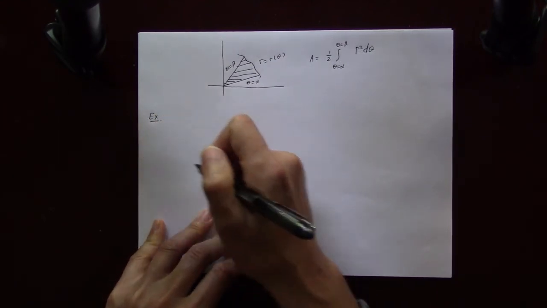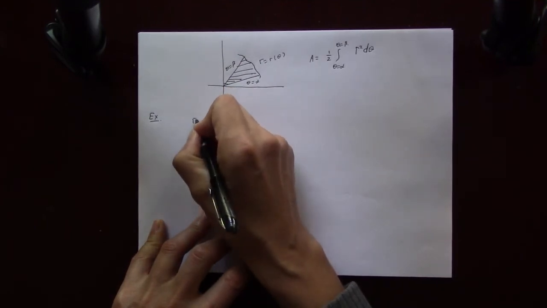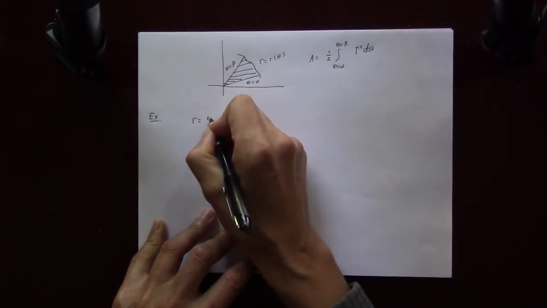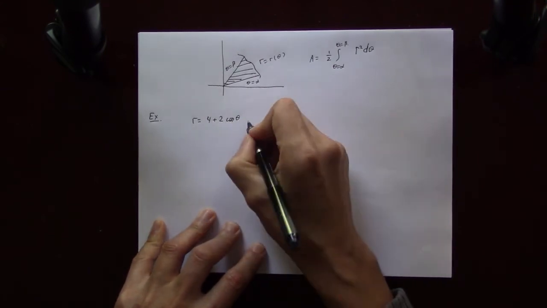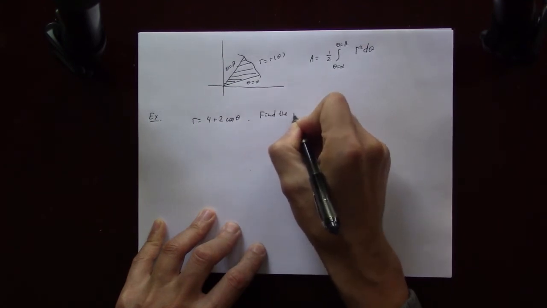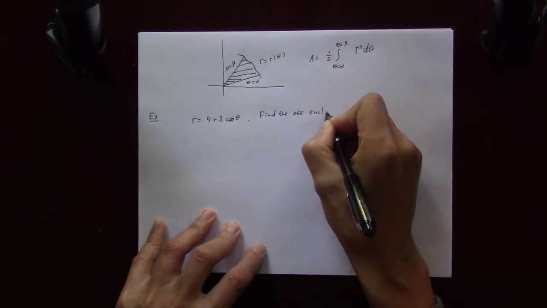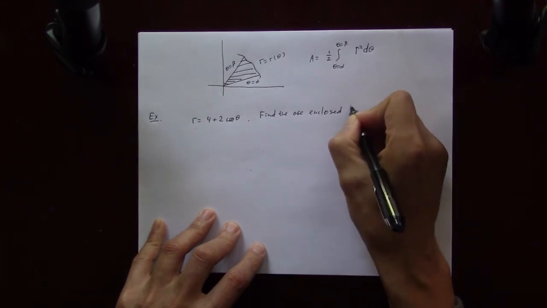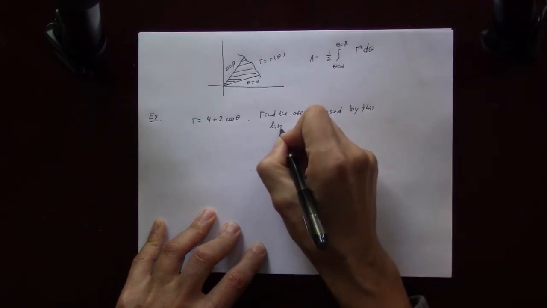In this example, let's look at the limaçon r equals 4 plus 2 cosine theta. Find the area enclosed by this limaçon.